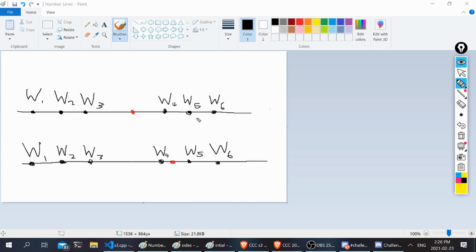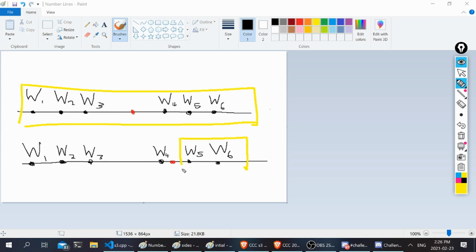Now, the only time this scenario changes, as we go and go, as you can see here in our second diagram, is when we pass weight 4. When we pass weight 4, the sums change, because now we have to compare the sum of W5 and W6 to W1, W2, W3, and W4.